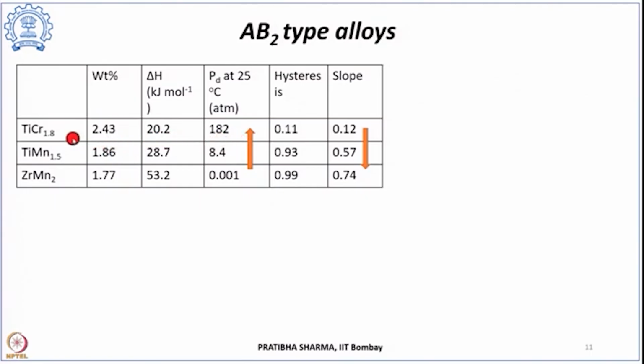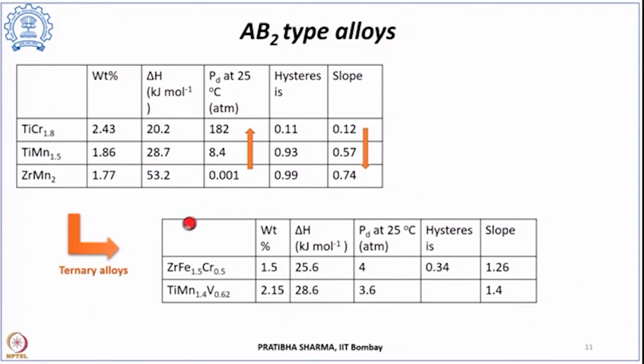We see that with such change, the plateau pressure, the desorption pressure at 25 degree centigrade, changes significantly. So, for Zr Mn2, it is 0.001 atmosphere. However, when the B site is Mn, titanium Mn 1.5, it is 8.4 atmosphere. For titanium chromium 1.8, it is 182 atmosphere. Similarly, there is a change in the hysteresis and the plateau slope.